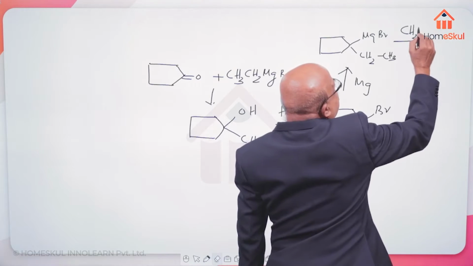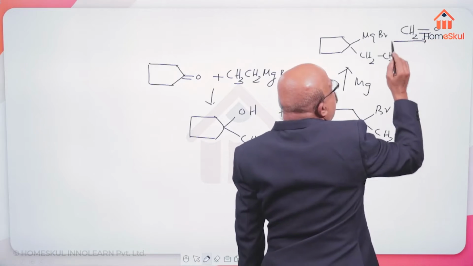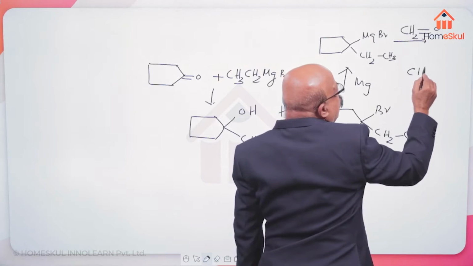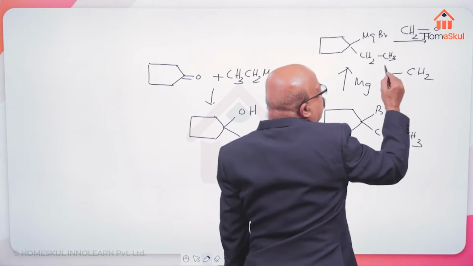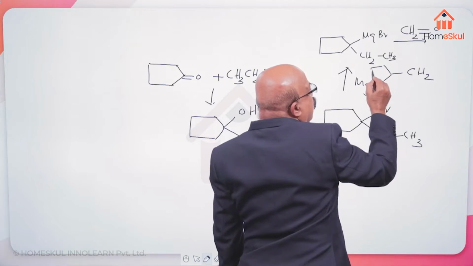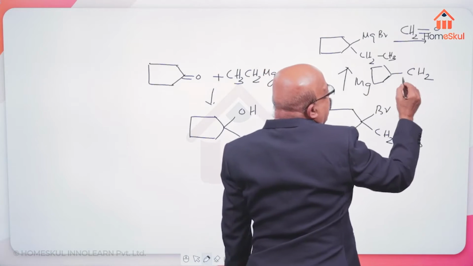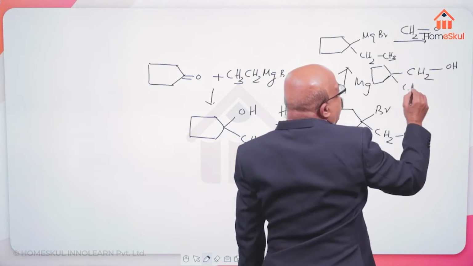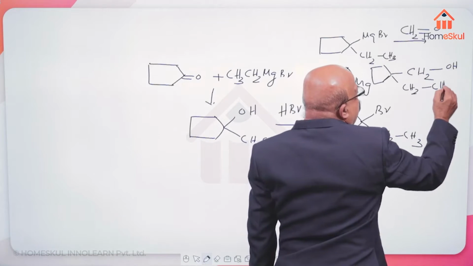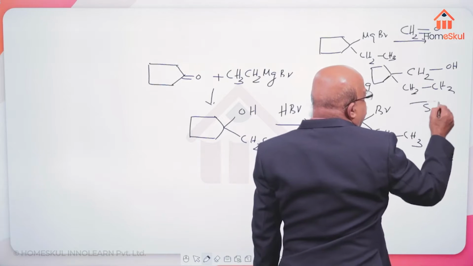Any Grignard reagent with formaldehyde produces a primary alcohol. To get the product, connect this hydrocarbon segment here, and here CH2OH, and it has got one CH2CH3 group. This is the final product S.